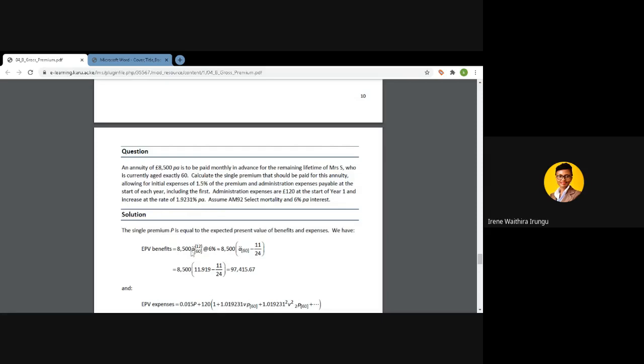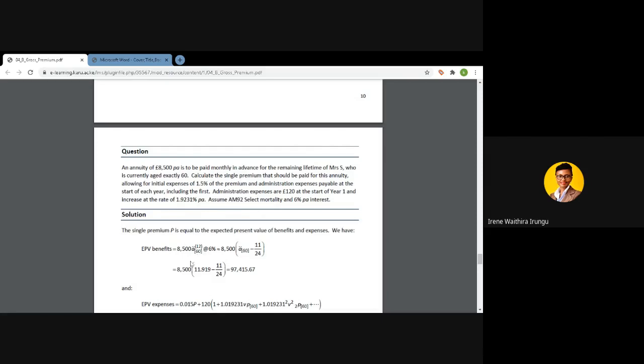So it means that we are dealing with a due annuity, a-due-12. This means that this amount of 8,500 is paid 12 times per year. Mrs. S is currently aged 60, and we are using the AM92 select, so the age needs to be 60.